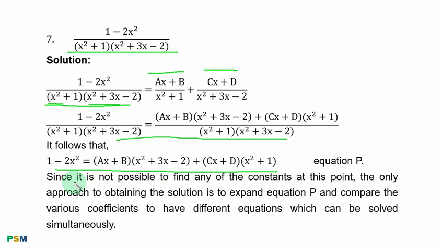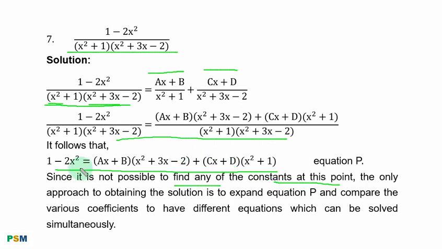Since it is not possible to find any of the constants at this point, after checking, you observe that there is no common factor, and as such, you cannot make any term to be 0.